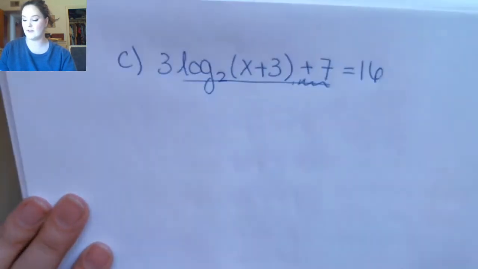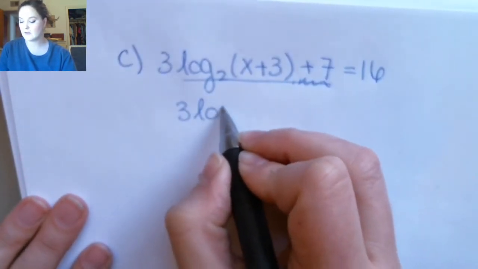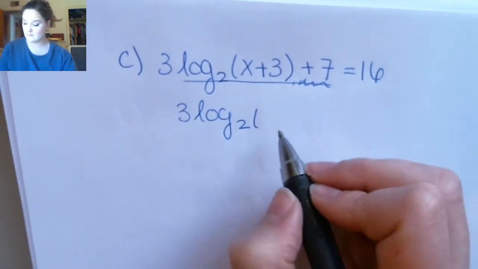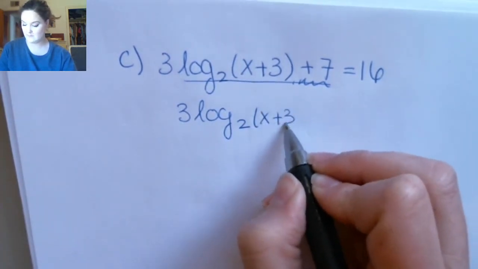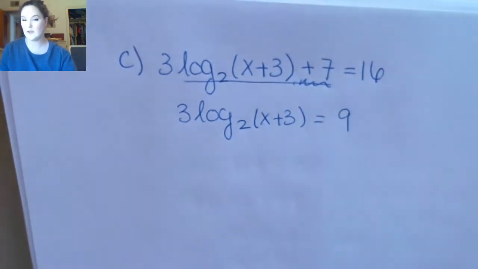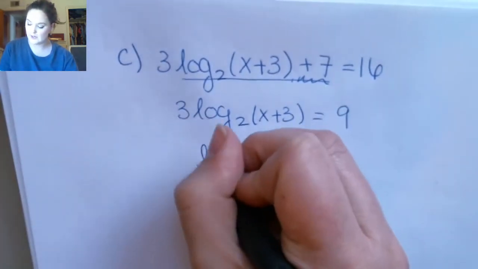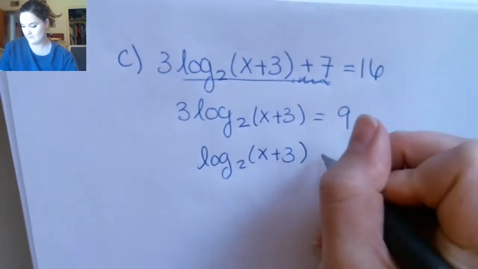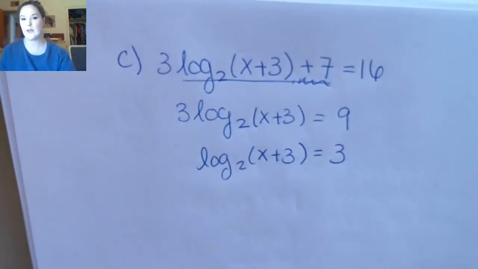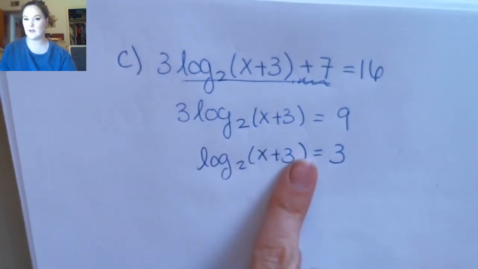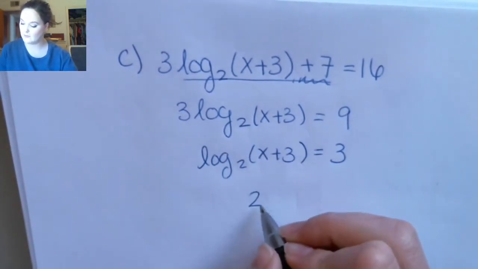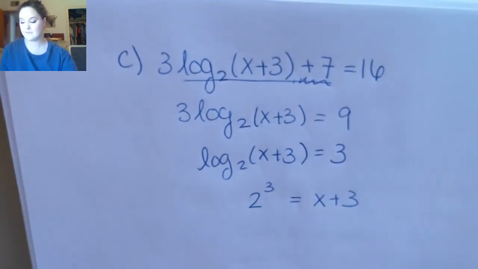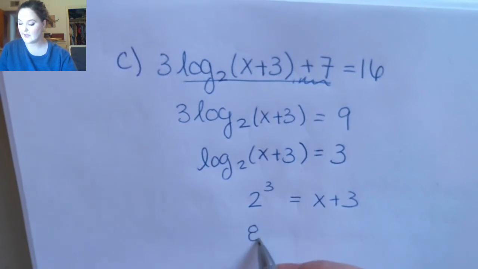So I'm going to subtract 7, and then I'm going to divide both sides by 3. Now I have a single log isolated on one side, so I'm going to change to exponential form. 2 cubed is 8.